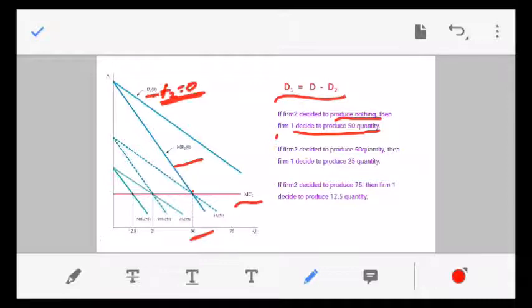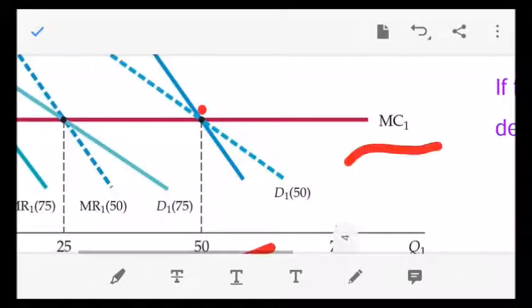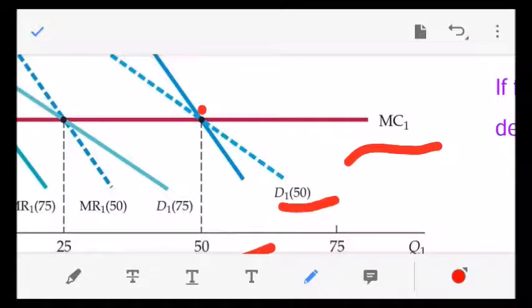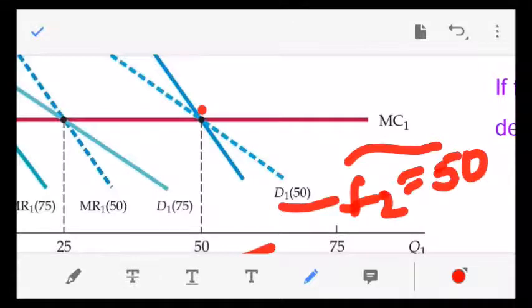Let's consider another situation, where firm 2 decides to produce 50 quantity. Then the demand curve faced by firm 1 falls by 50 units. D150 means the demand curve faced by firm 1 where firm 2 is producing 50 quantities.